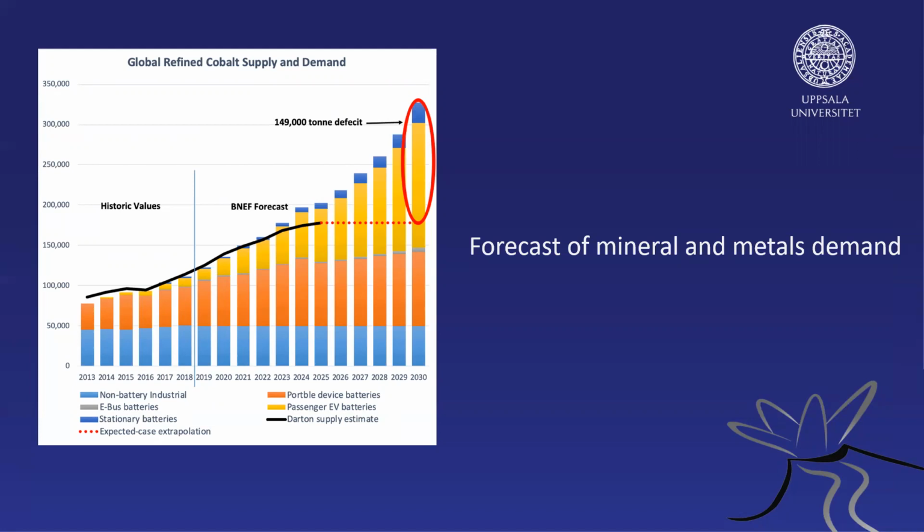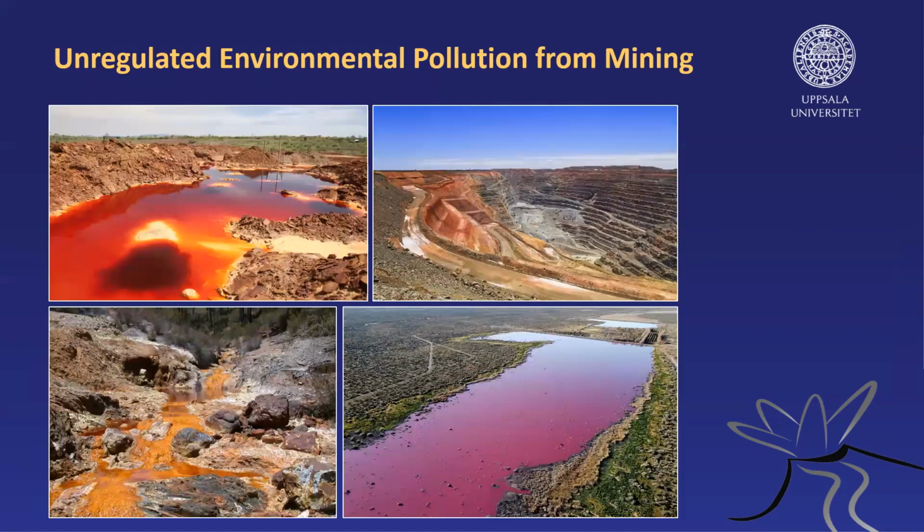The problem is, if we need a lot, that means a lot of mining. And sometimes mining turns ugly. This is what you see. Okay, that's a big hole. Maybe it's not a big problem. You can fill it with water and make some kind of resort nearby. But if you want to swim in there, that's not a good idea.